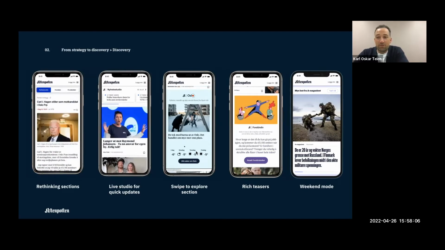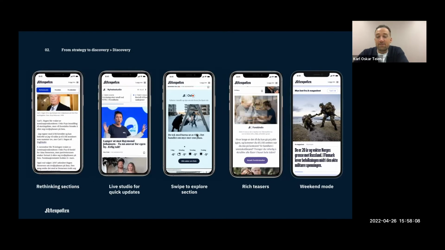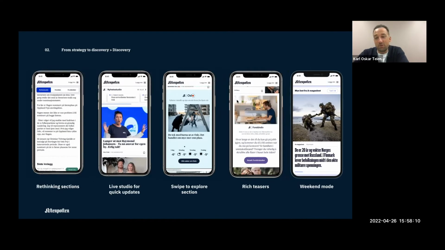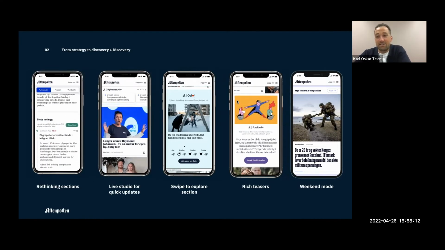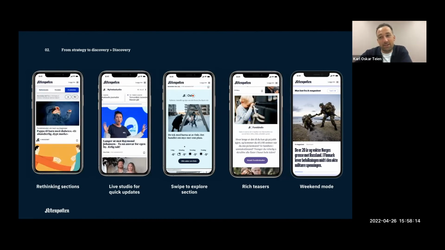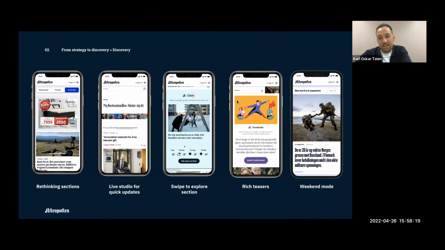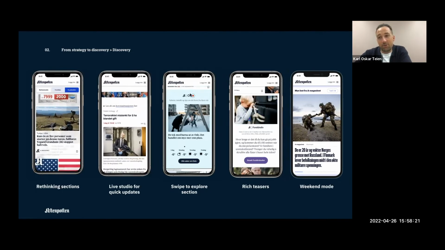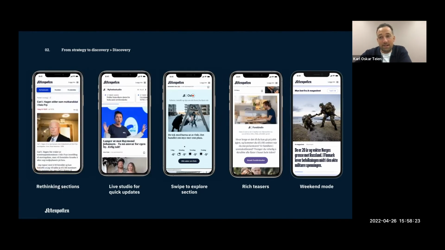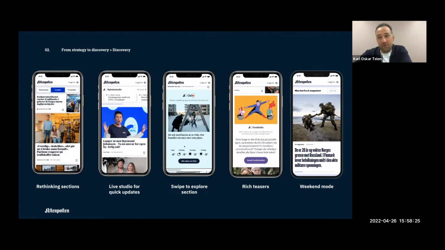We also explored different ways of exploring sections. So we know that very few users, speaking of that iceberg of content, right, we know that many users typically don't click into a section. This one is about Oslo, the capital of Norway. Let's help users explore that section without needing to click into it.